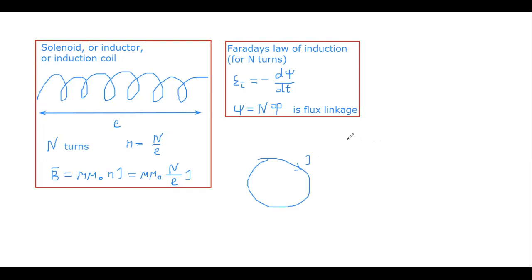According to the Biot-Savart law, B is equal to mu 0 divided by 4 pi, integral of I, vector product dl multiplied by r, divided by r to the power of 3.